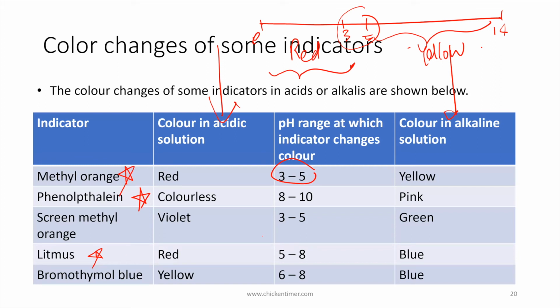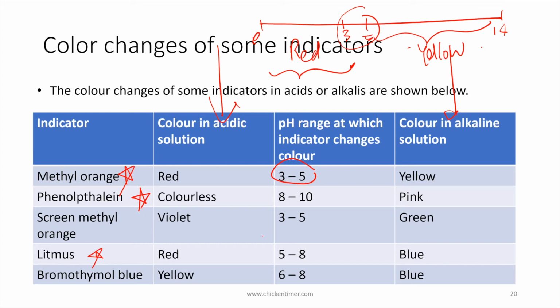Other indicators will have other colors and change color differently, like what is indicated in this slide. The same pH in one indicator gives a different color than in another indicator. So pH 2 in methyl orange will be red, but pH 2 in phenolphthalein will be colorless.